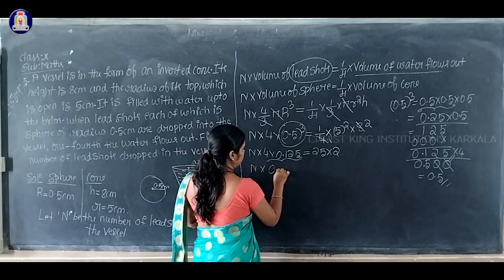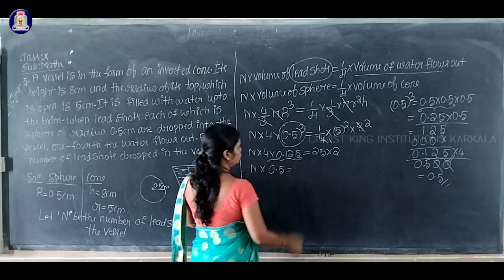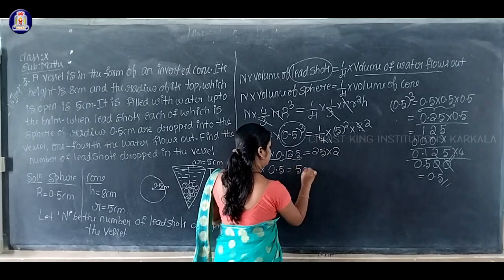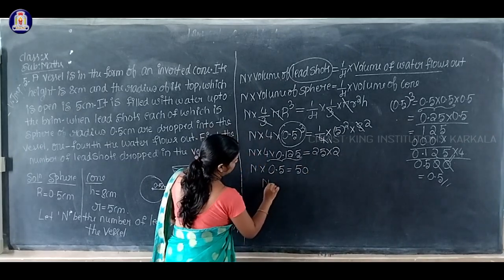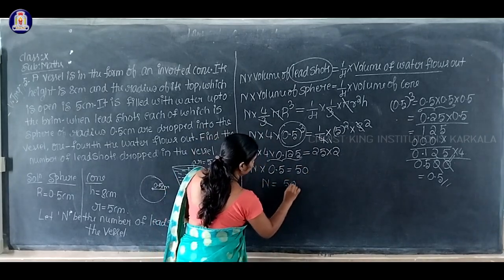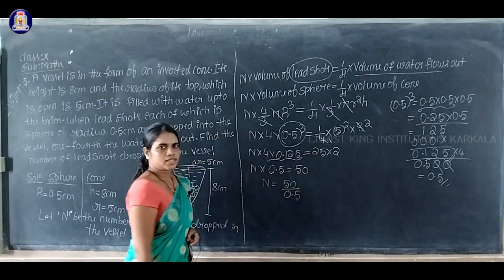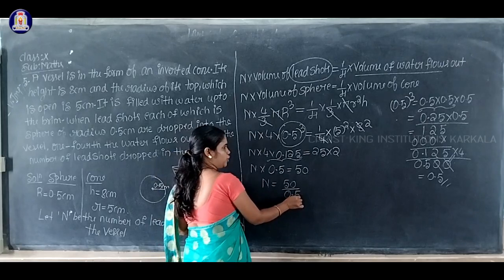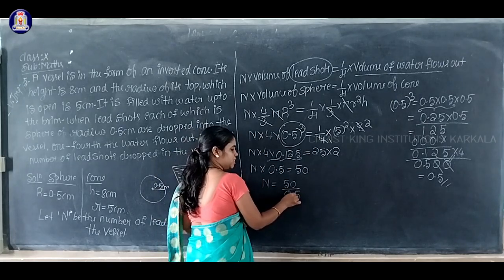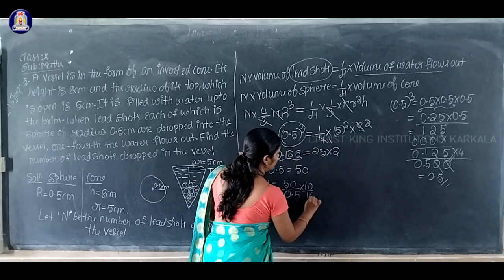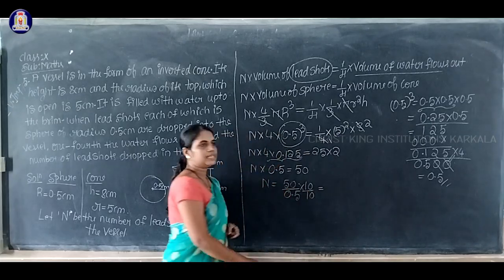Okay, so therefore 4 into 0.125 is nothing but 0.5. 25 twos are how much? 50. So therefore n is equal to 50 by 0.5. Okay, yes, see in the denominator you have a decimal number, after the decimal point you have only one digit, so therefore multiply and divide by 10.